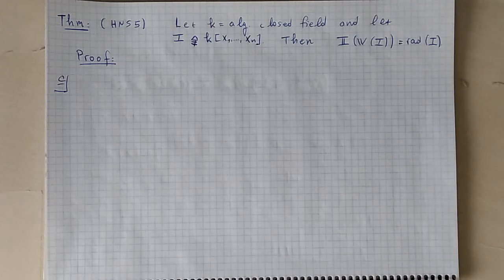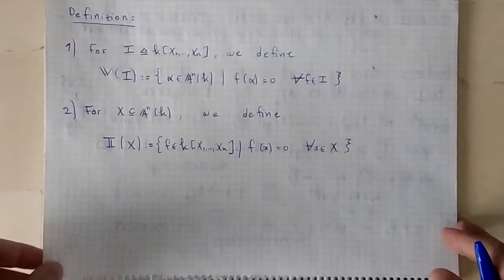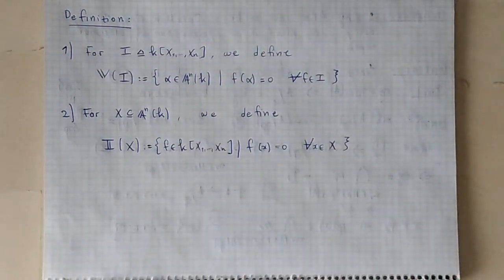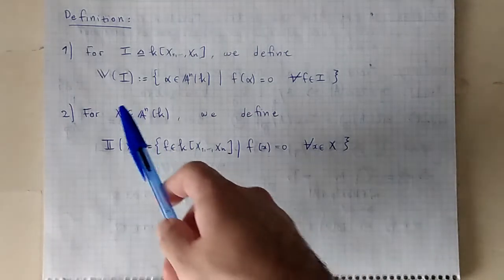And in case you're not familiar with the definitions of these V's and I's, let me just briefly recall those. If I is an ideal, then V of I, these are the so-called algebraic sets, and by definition they consist of all the n-tuples in the affine n-space such that they kill every polynomial in I. And if X is a subset of the affine n-space, then this I of X is in some sense the dual version of this guy over here.